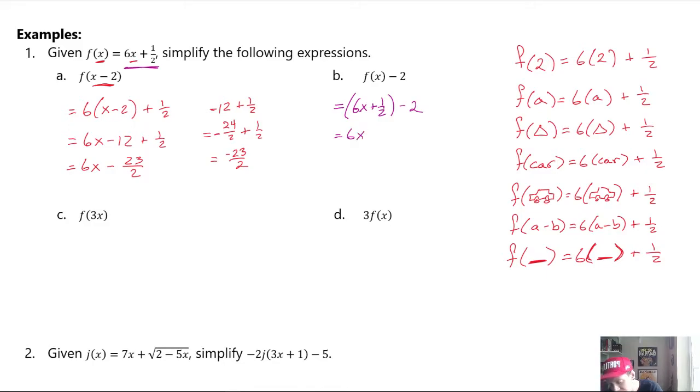So now I have 6x, and 1/2 minus 2 equals 1/2 minus 4/2, which equals negative 3/2. So we see that we are not getting the same thing.